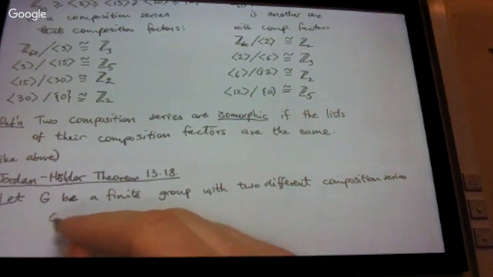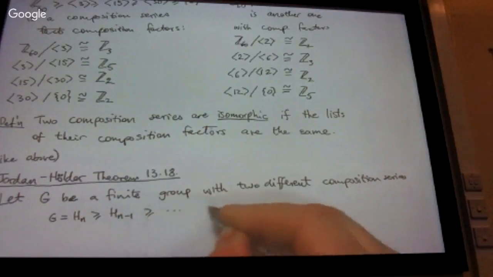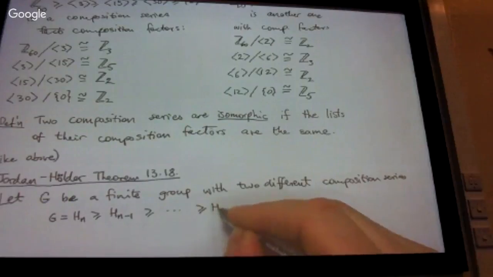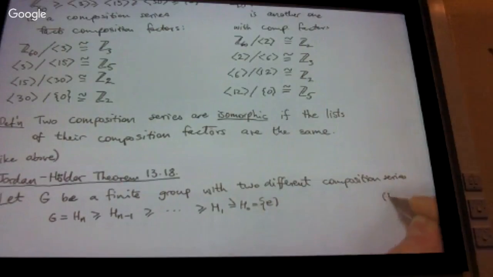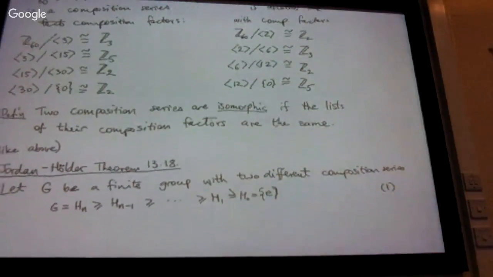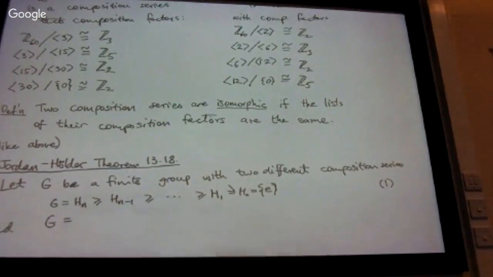The first one is H's, many H's. That's series number 1. And then there's another one, which is many K's.